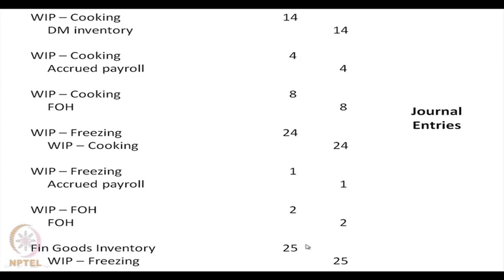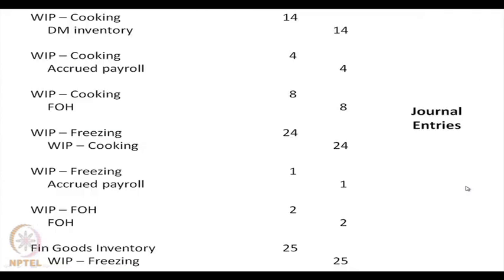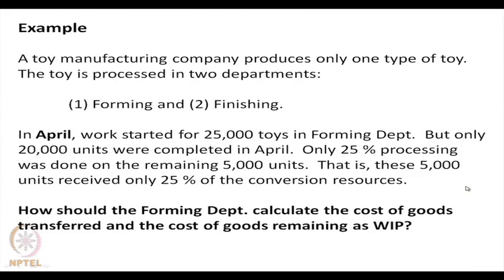Finally, this is the amount sold out. Accordingly, the WIP reduces by 25 and finished goods inventory increases by 25. So, these are the journal entries. We have of course not shown the finished goods inventory in our earlier slide. We just wrote transferred cost of goods completed to finished goods. So, this is a simple example.